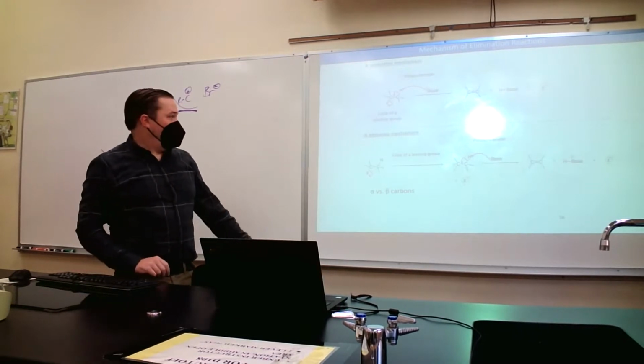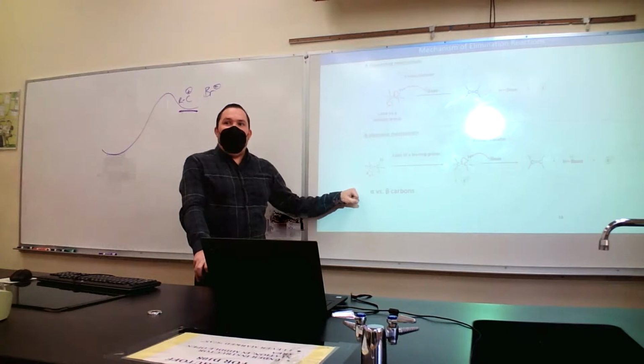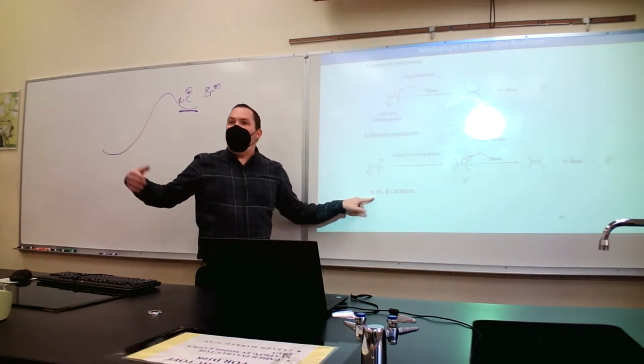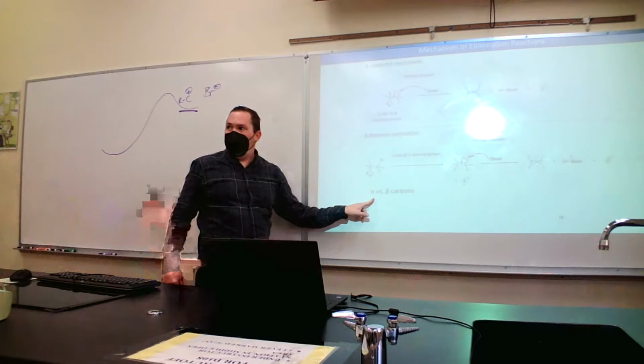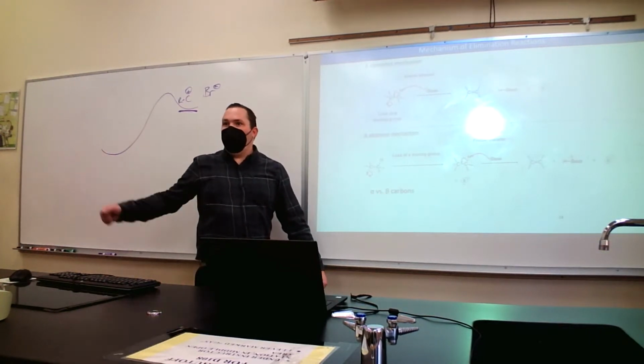A quick terminology thing, alpha carbons and beta carbons. Alpha and beta, we basically use Greek letters to indicate how far away things are. So the carbon that has the leaving group, we call it the alpha carbon, like active carbon. The beta carbon is the one that's next door.